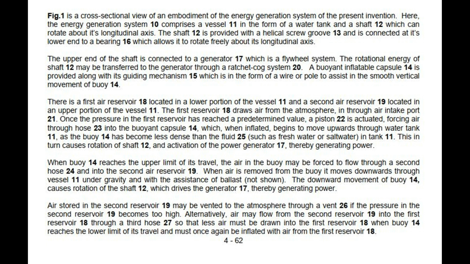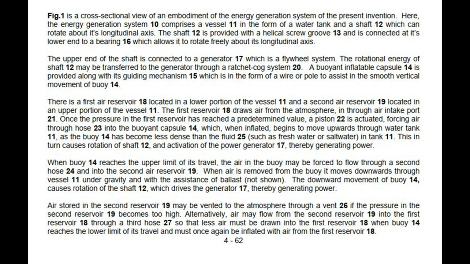There is a first air reservoir 18 located in a lower portion of the vessel 11 and a second air reservoir 19 located in an upper portion of the vessel 11. The first reservoir 18 draws air from the atmosphere, in through air intake port 21.